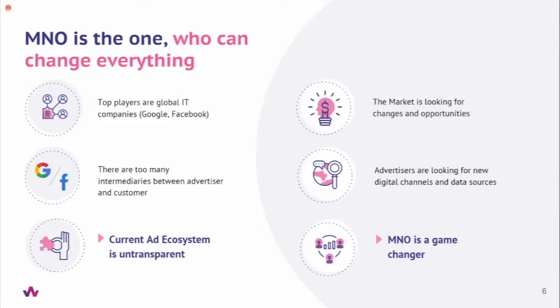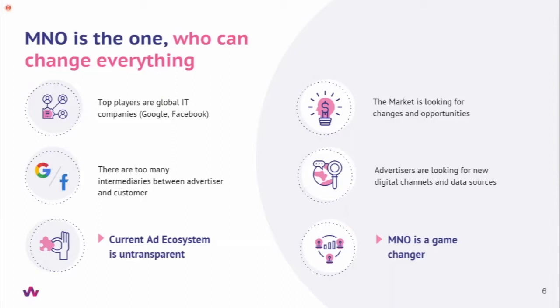So the current advertising ecosystem is not transparent. What does that mean? Between the advertiser and the user and client, there are too many intermediaries. So the price for a contact, for showing video advertising, native advertising, display advertising to a user, is sometimes quite expensive.